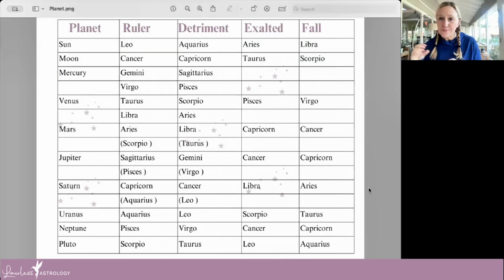Fall means it is the sign that is opposite of the exaltation. So again, let me just pull out an example. Jupiter in Capricorn. Okay, so Jupiter in Capricorn is in its fall. Fall means it's a little different than liking the sweater, but it's either too big or too small.